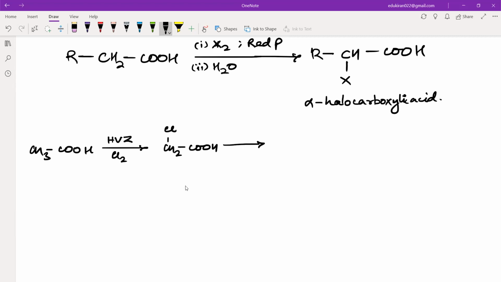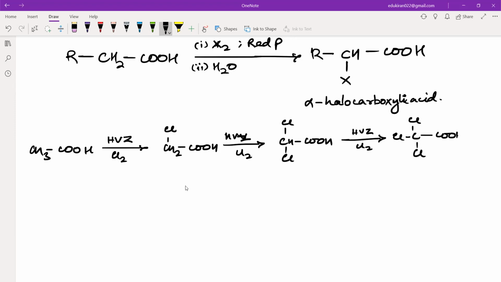Then again you do the same reaction and you get CHCl2COOH. Further, if you do the same thing with HVZ and Cl2, this carbon has 3 chlorine atoms, CCl3COOH. So this can be repeated n number of times.